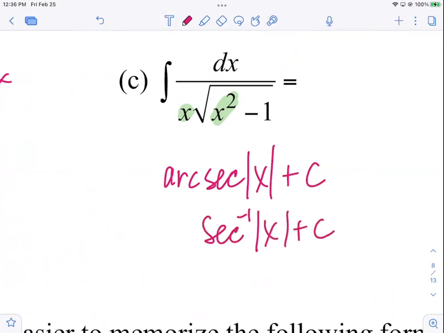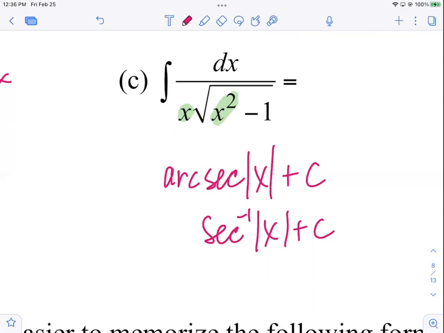It's like the natural log, where we have to add the absolute value to include more values because the x in front of the radical could be positive or negative. So those are the only two that I know of where, when you take the antiderivative, you add the absolute value around the x: the natural log and the arc secant.